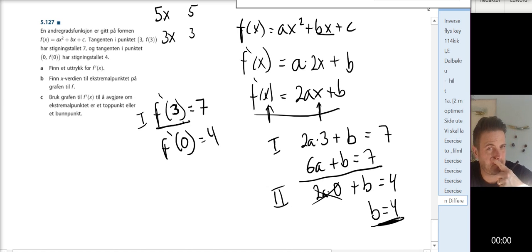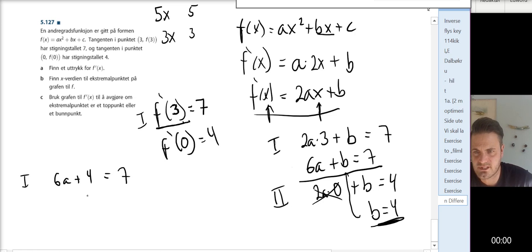So then I have b, but I also need a here. I can put b in here, so I get from equation 1 that 6a plus b, which I know is 4, is equal to 7. So I get 6a, move this over, change sign, so I get 3, divide by 6, so I get 3 over 6, which is of course the same as 1/2.